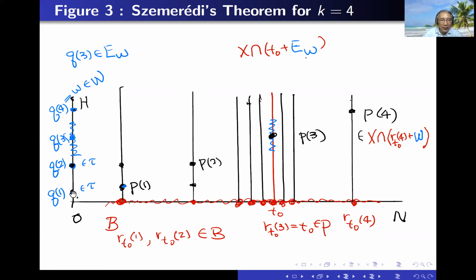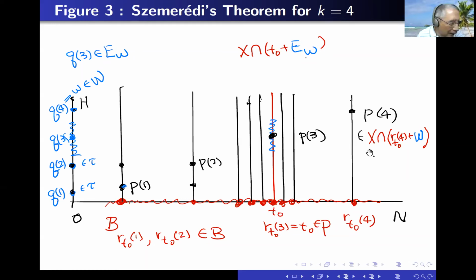So Q1 belongs to X here, and here, and here. Q2 belongs to X here, and here, and here. So now we have an AP of length 4. All of those coordinates belong to X.